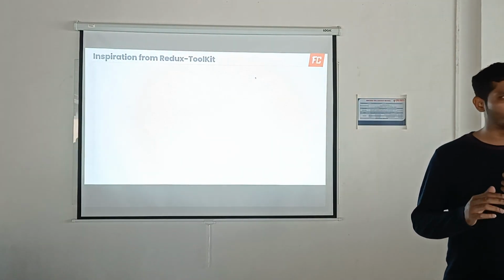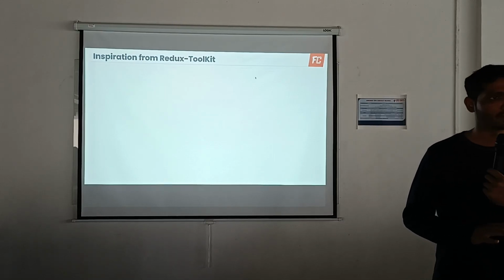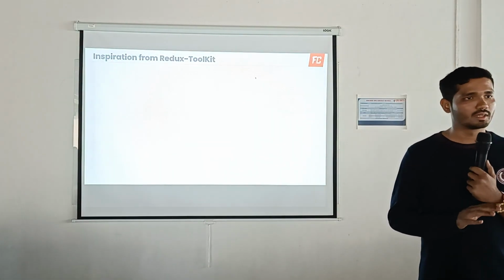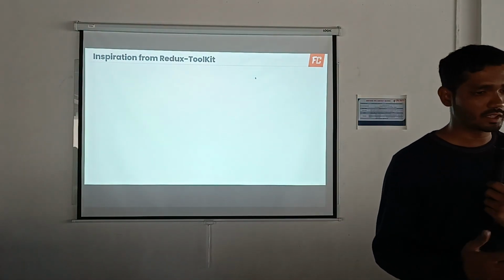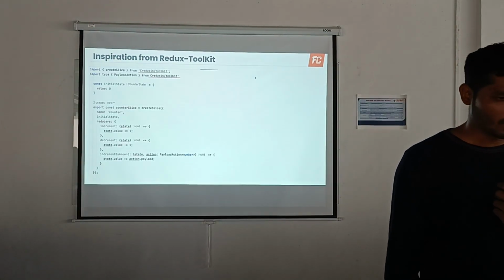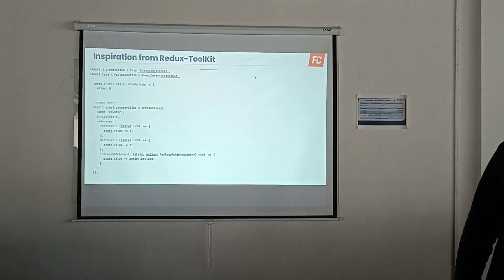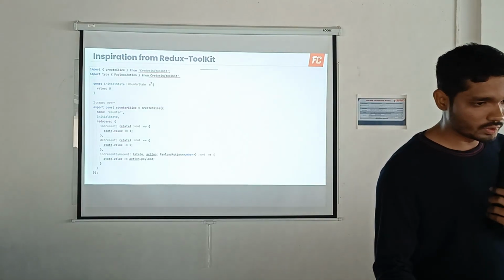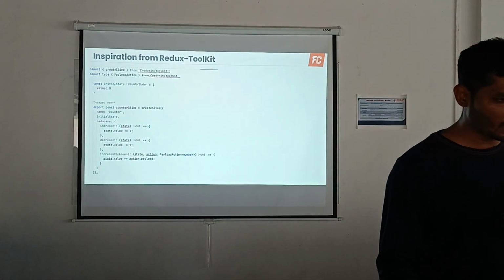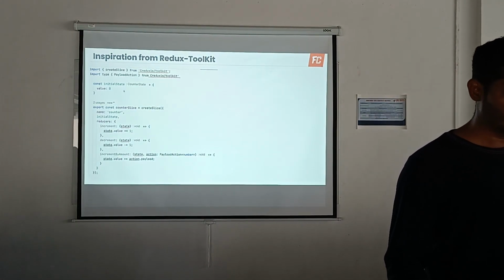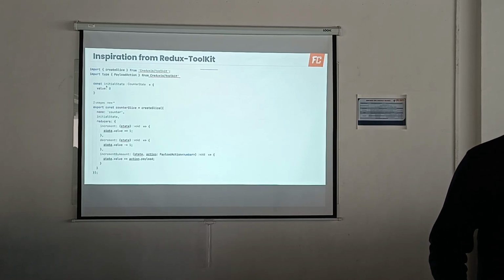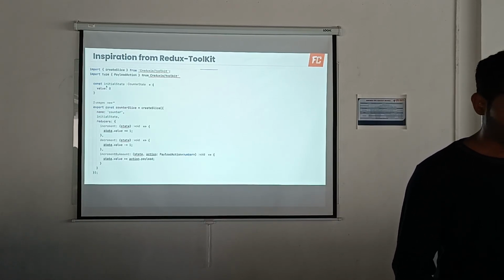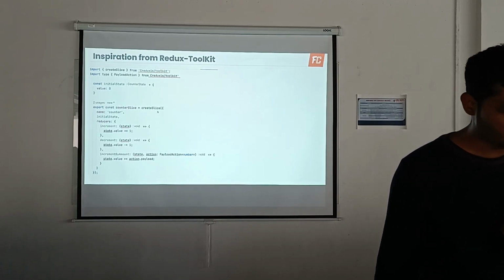We found that it has already solved many of the use cases which we were looking for, but still there was some missing. Let's see what Redux Toolkit does, right? This is a simple piece of code of Redux Toolkit, as you can see. Now, we have an initial state defined here, and then they have given an option called createSlice. Now, this is very important.